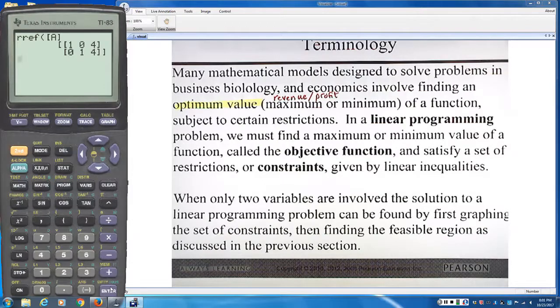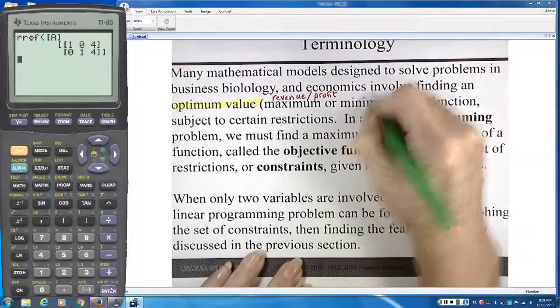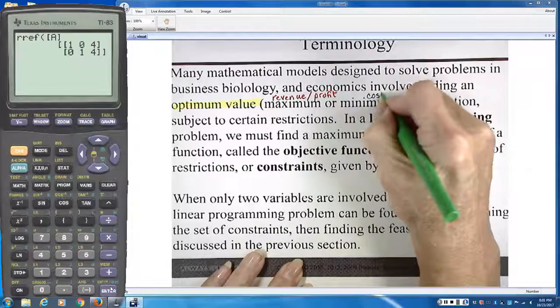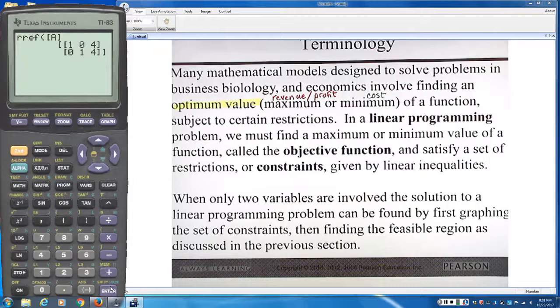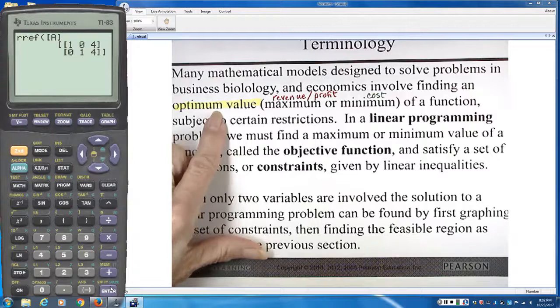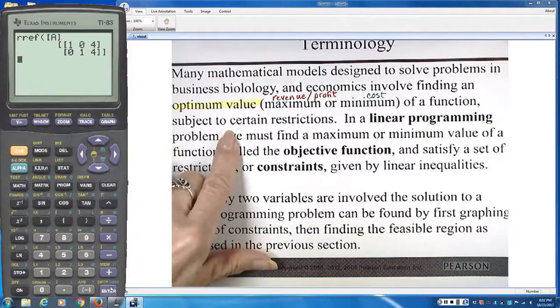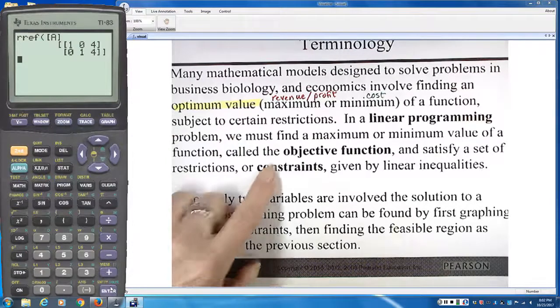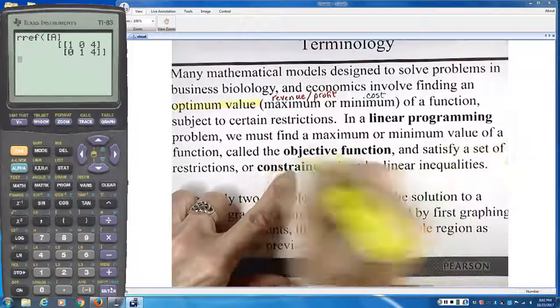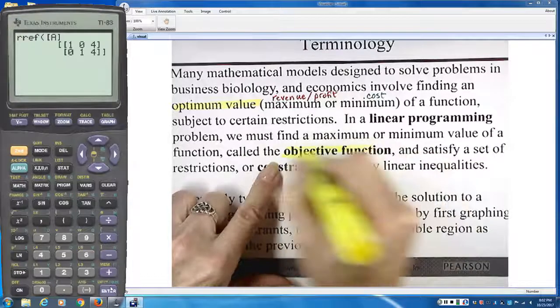But it might be a minimum if we're talking about cost, because one way to maximize your profit is to try to minimize your cost as long as you don't compromise the quality of your product. So we're going to want to find optimum values of a function, and the function that we're going to be trying to find the max and the min of is going to be called the objective function.